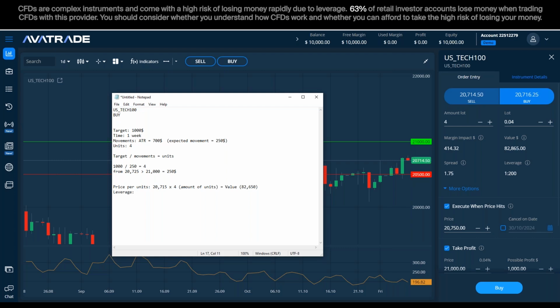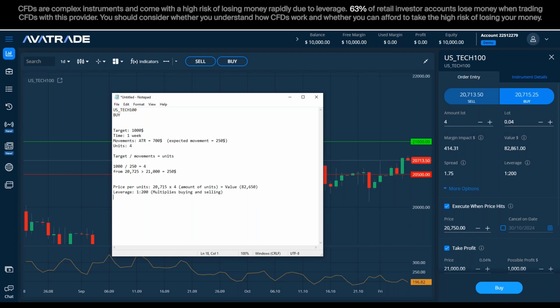The leverage, as we have explained, is actually just a multiplier. It multiplies buying and selling, and gives you a higher ability to acquire more units with the same balance. Meaning that instead of needing 82,000 without leverage, when I multiply by 200, I can basically divide this by 200.